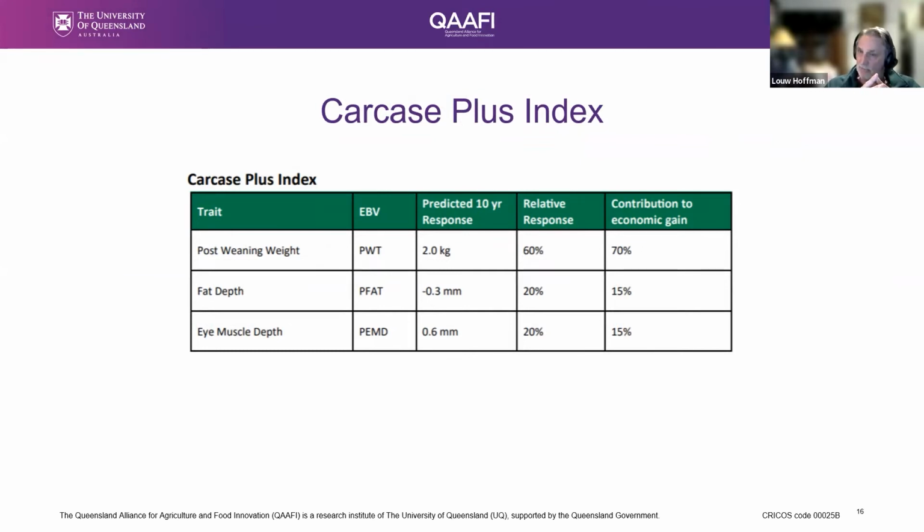But if you aren't comfortable with these indices, I would suggest that you talk to someone who's more knowledgeable in genetics to guide you. Because in the questionnaire, one of the responses that came back was: I have a total free range herd, and I cannot see how estimated breeding values will give any value to my business.